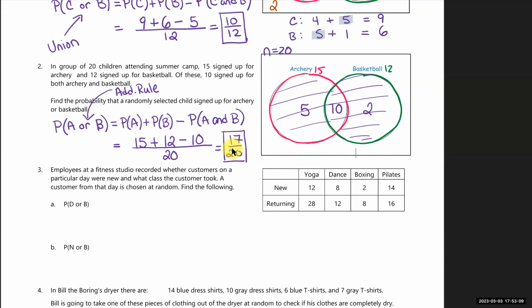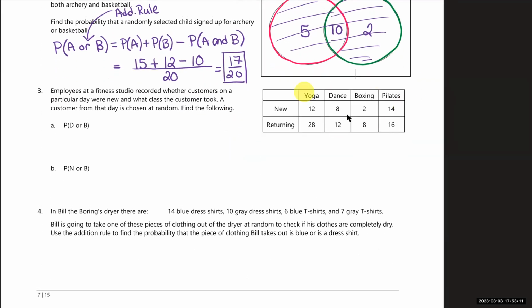All right. Let's do one that's given in table form, and we'll do a couple here. So this is a fitness studio where they kept track of whether or not customers that day were new or returning customers, and then also what class they took that day. So I'm going to do a little bit of totaling here.